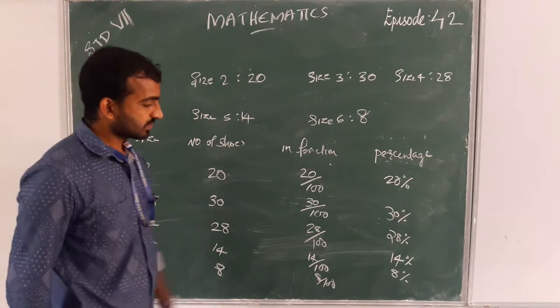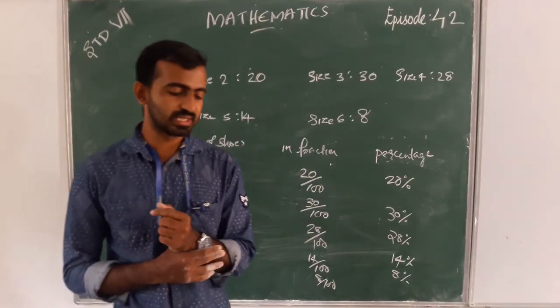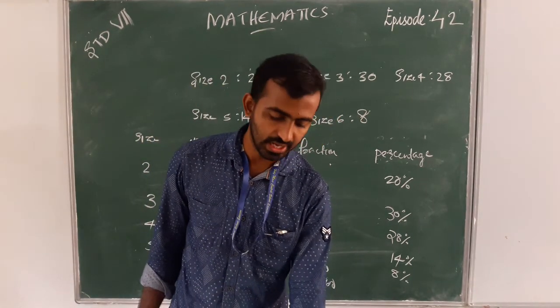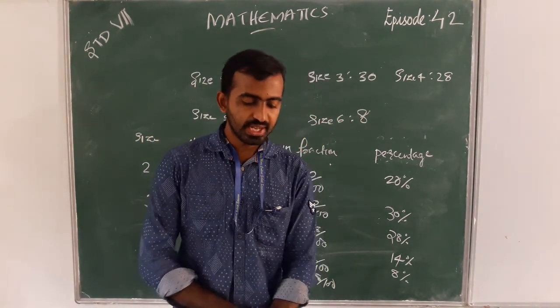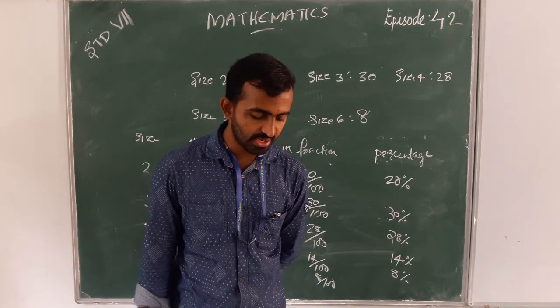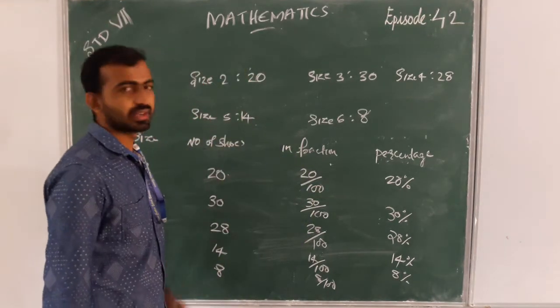This is the solution for our second try this question, page number 158. And next we are going to discuss percentage when total is not 100. Here the total is 100.